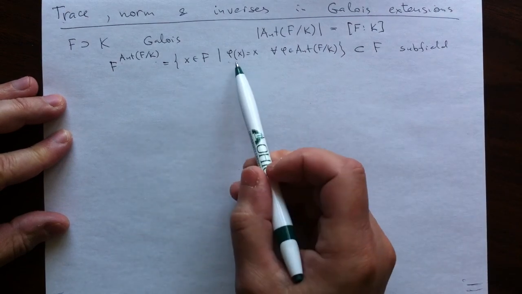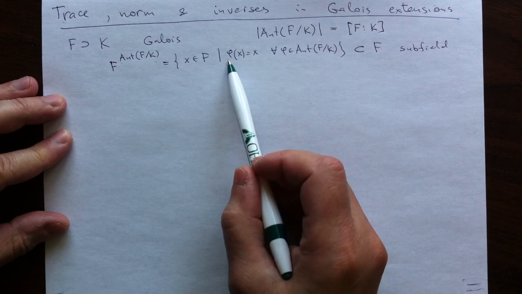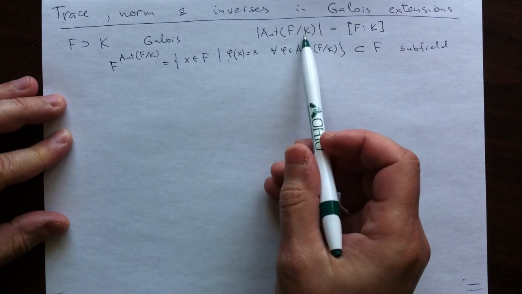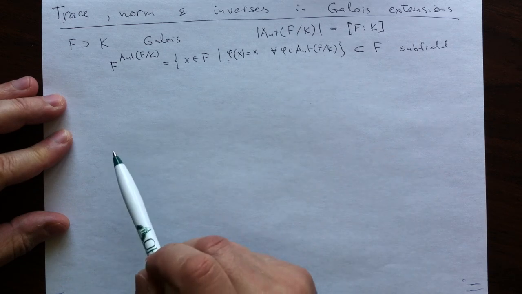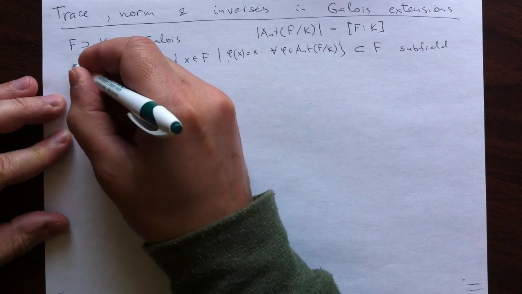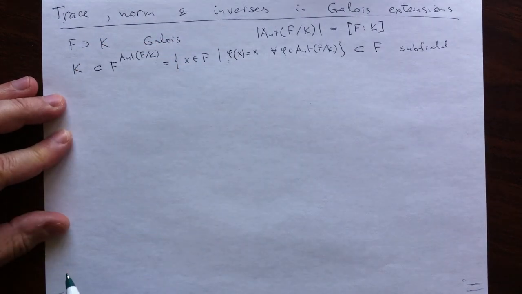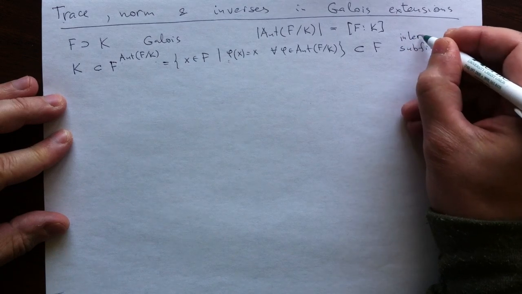You could also check, by the very definition of that subfield, that elements of K, which are to be fixed by automorphisms, will be among elements of this subfield. So we'll have this intermediate subfield situation.